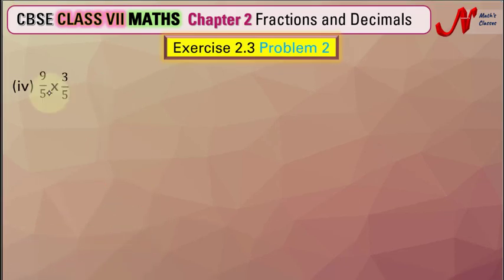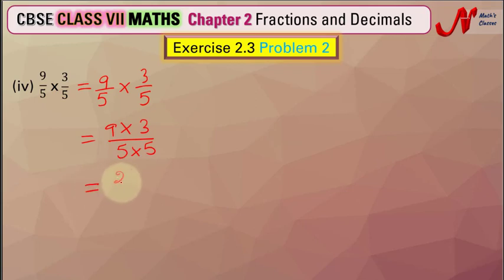Now we solve the fourth bit of the second problem. Here given 9 by 5 into 3 by 5. So it can be written as 9 into 3 by 5 into 5, which is equal to 9 3s are 27 and 5 5s are 25.